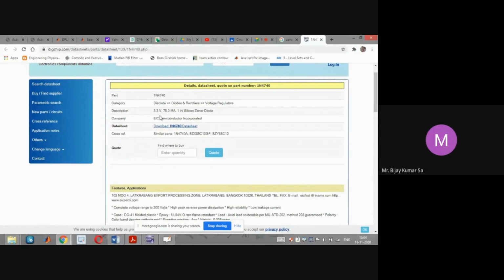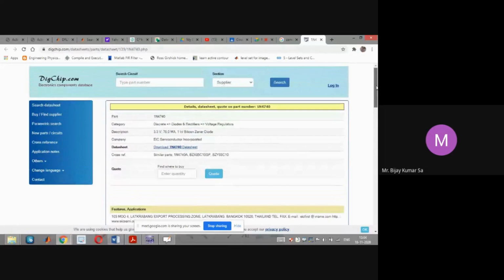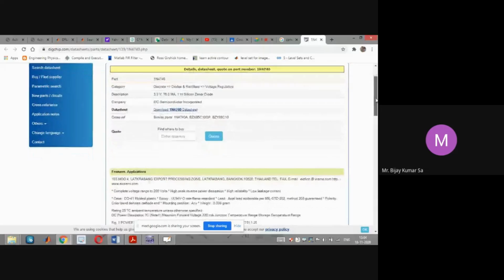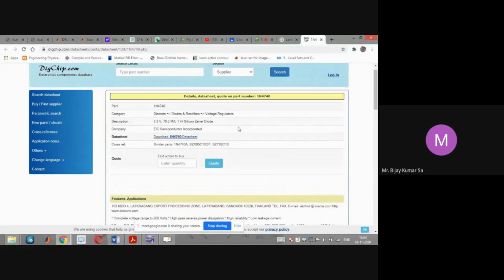It says 3.3 volt, 76 milliampere, 1 watt silicon zener diode. So this page at least lets me know that this is a silicon based zener diode. Let me try to find this diode, 1N4740, in my experiment.